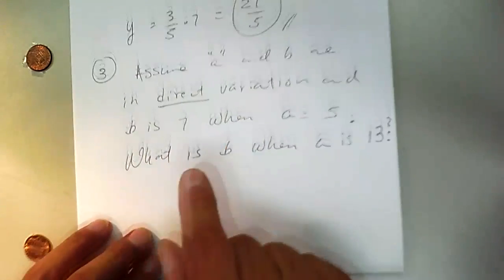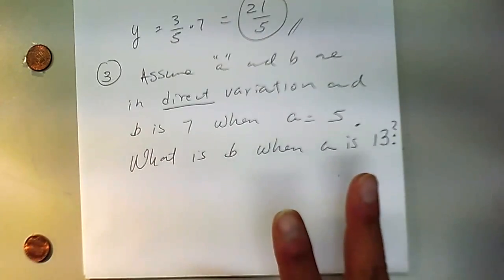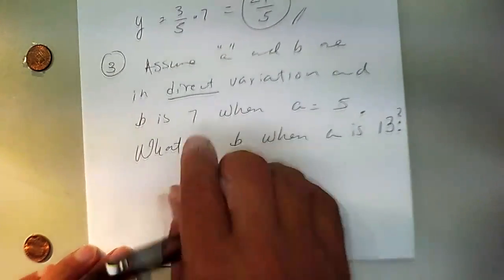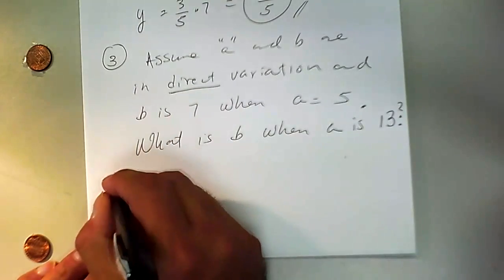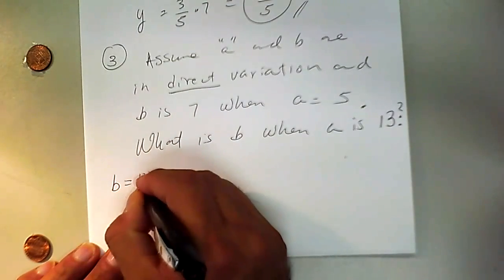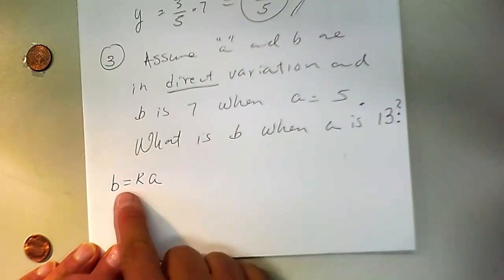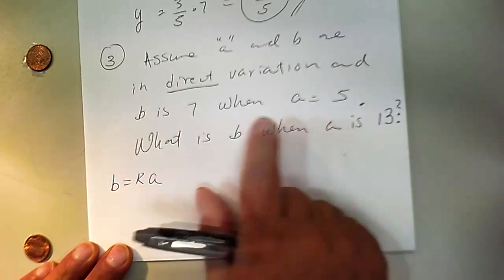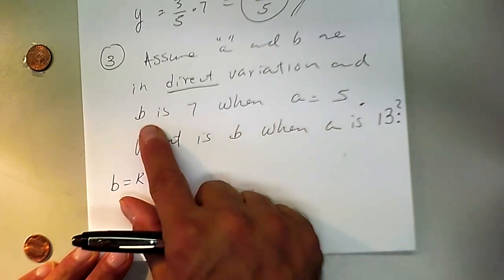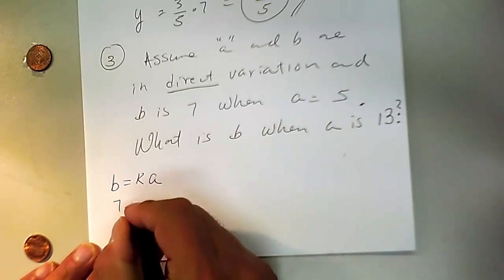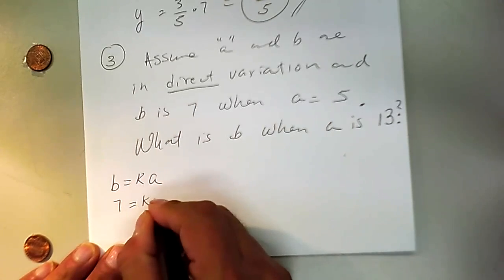Now, remember, every variation problem is actually 2 problems in one. So direct variation means we're going to set b equal to a constant times a, but we do not know the constant. However, they do tell us that b is 7 when a is 5.